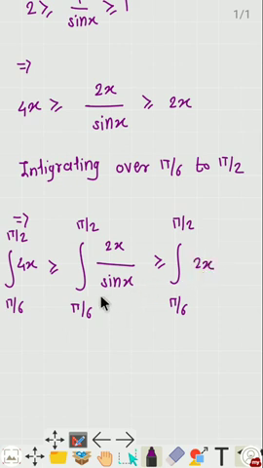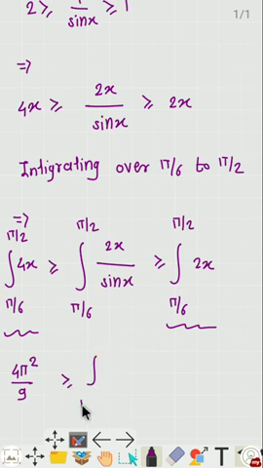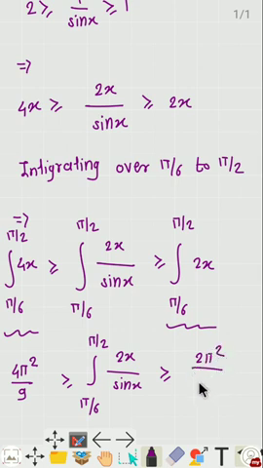If we calculate the values of these integrations separately, the value of the first integration is 4 pi square upon 9. This is greater than or equal to the integration over pi by 6 to pi by 2 of 2x upon sin x, which is greater than or equal to 2 pi square upon 9, the value of the last integration.